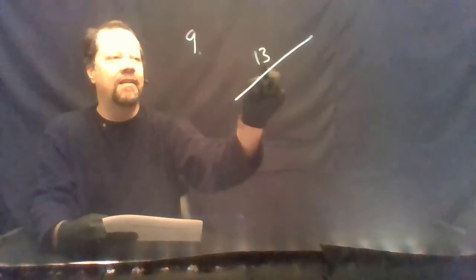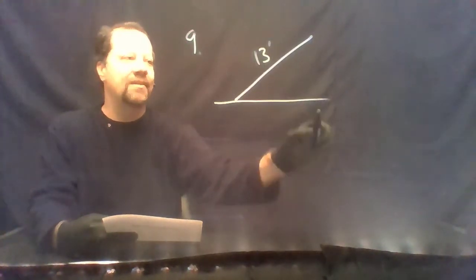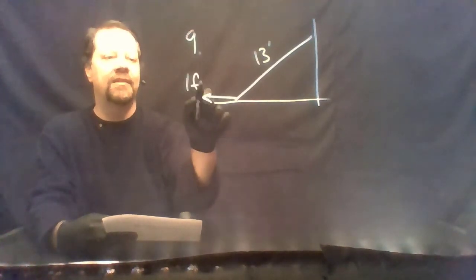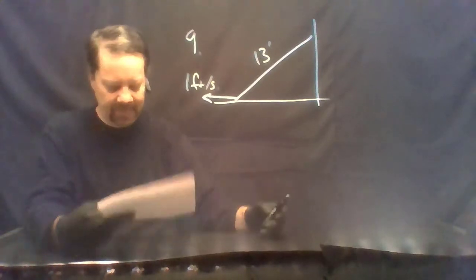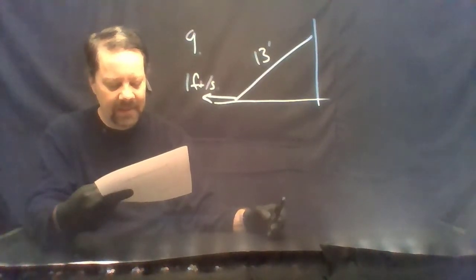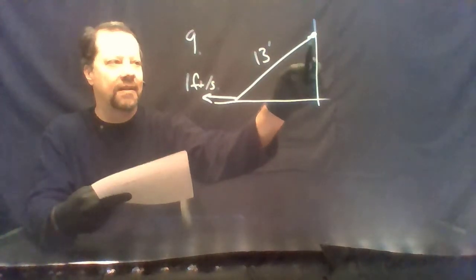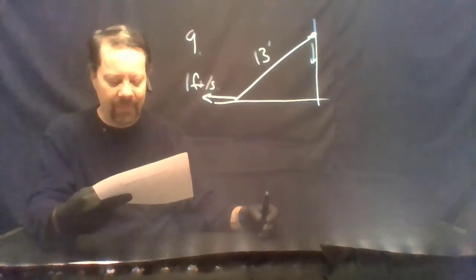On problem 9, I tell you that a 13-foot ladder is leaning against a home. The bottom of the ladder is being moved out at 1 foot per second. The top remains in contact with the wall. It's going to slide down.